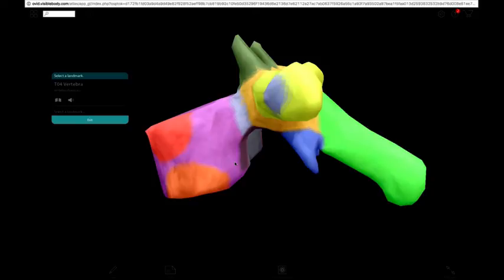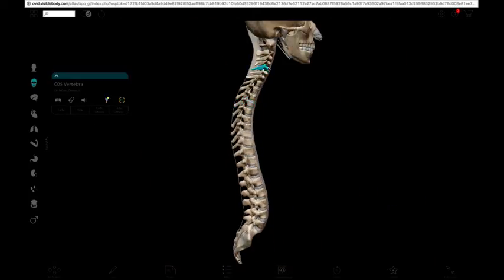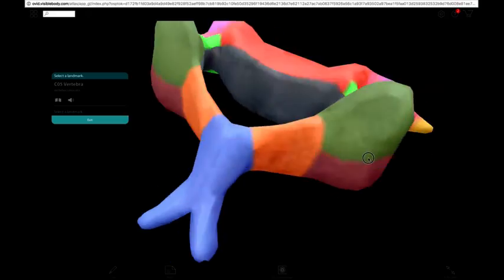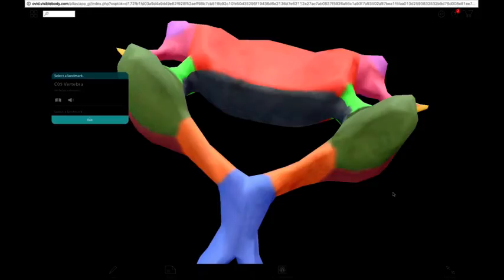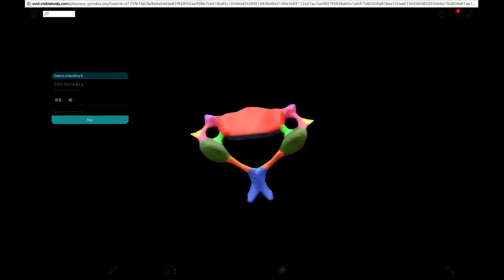Now, what about cervical vertebra? Well, if we go back and look at the cervical vertebra, a typical cervical vertebra looks pretty much the same. Some of them have a special thing that you see here. Some of them have a bifid spinous process.